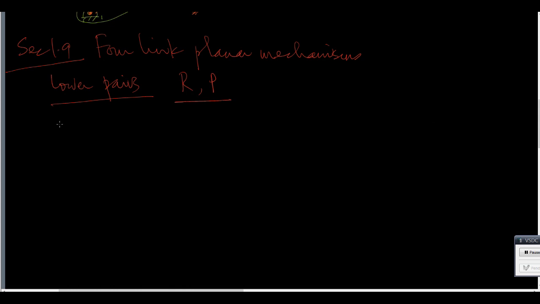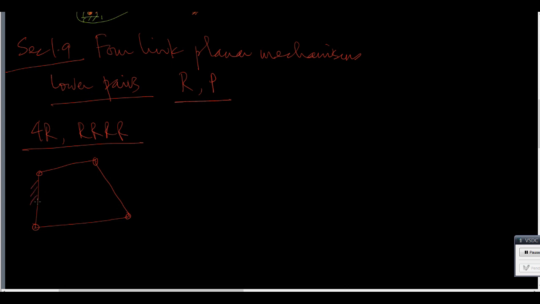Now these 4 links have to be connected in some way. They can all be revolute. We will call that 4R, or R, R, R, R. And that is very simple. That we have seen repeatedly already. That is this familiar 4-bar linkage.